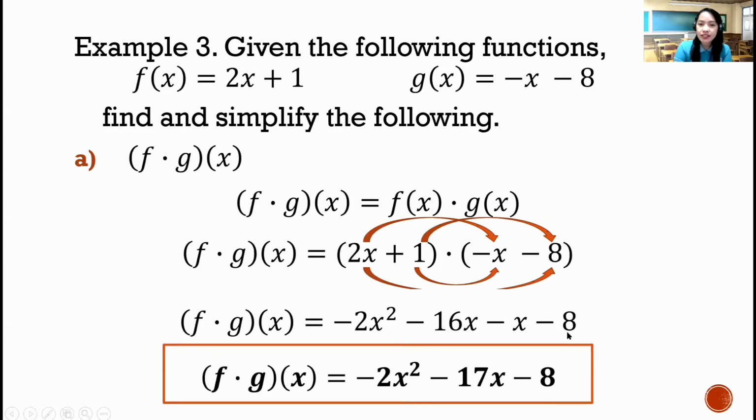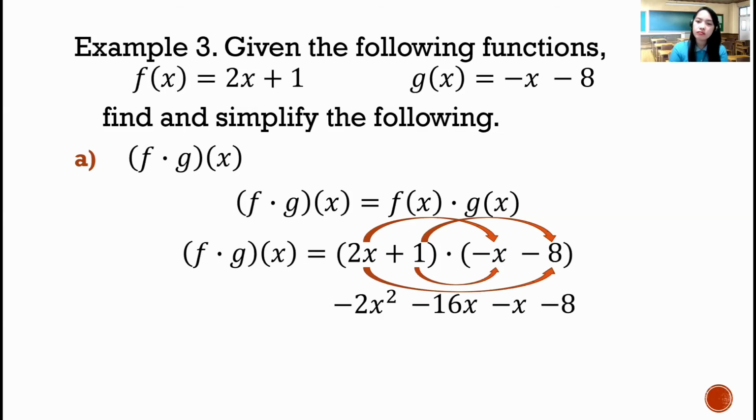So final answer, we have negative 2x squared, negative 16 minus 1, since na pareho yung sign negative, we are going to copy the sign and then add the coefficient. So 16 and then 1, we have 17, then copy the variable x. Again, do not forget to just copy the exponent kasi nag-add tayo ng terms. And then copy minus 8. This is our final answer for letter A.